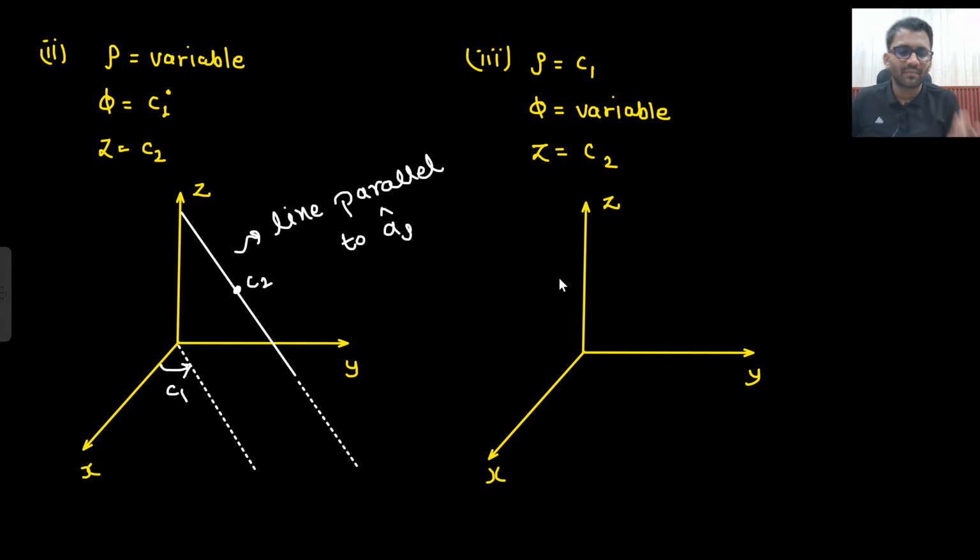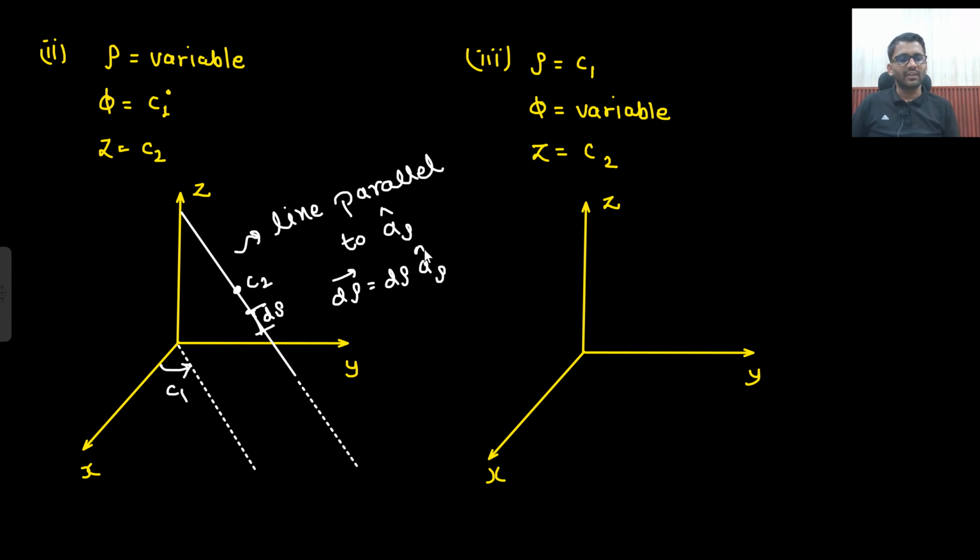I am writing the arrow; this is the arrow direction, line parallel to arrow. So if I take a small length here which has a magnitude of d rho, then can you tell me what I will write for d rho vector? That will be d rho rho cap, right?